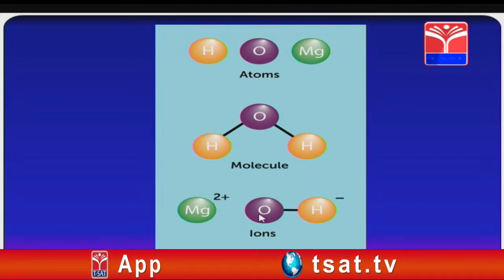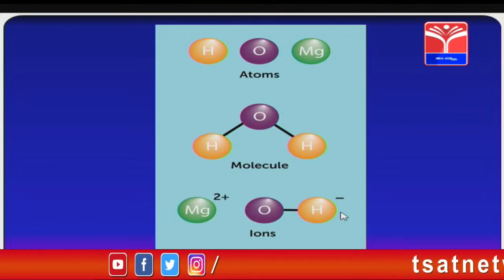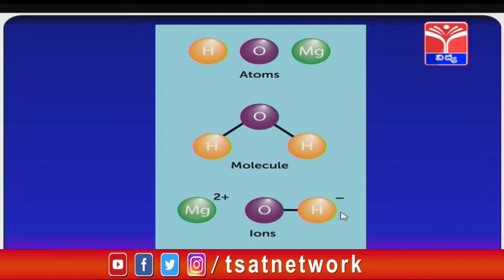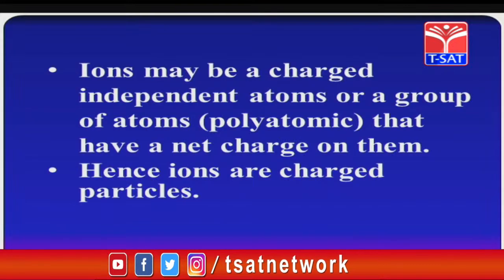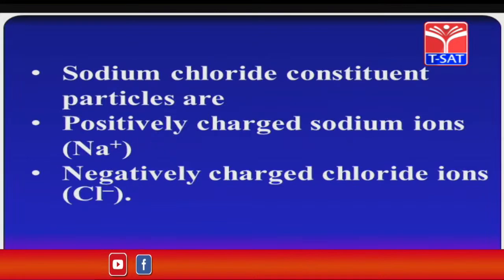Here oxygen is combined with only one hydrogen. What happened to the other hydrogen? It was removed, and now this gains a negative charge. So, we call it the hydroxide ion, OH-. Ions may be independent atoms or groups of atoms, that means polyatomic ions. Just now we have seen the OH- ion. These ions are called charged particles.